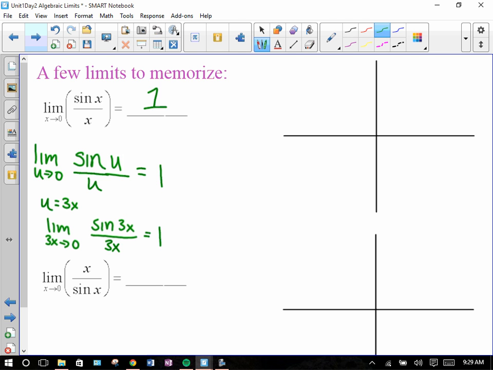So what we're able to say is, if you have sine of 3x over 3x, it's equal to 1. If you have sine of 4x squared over 4x squared, it's equal to 1. All right, so it allows us to make that generalization, which is going to help us later on.